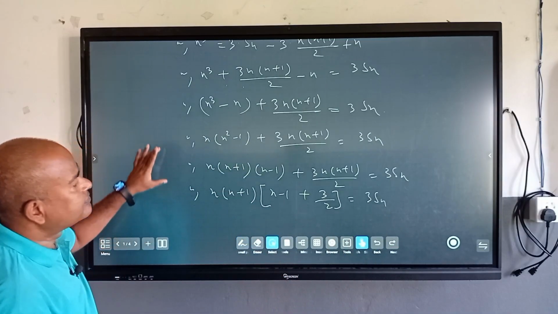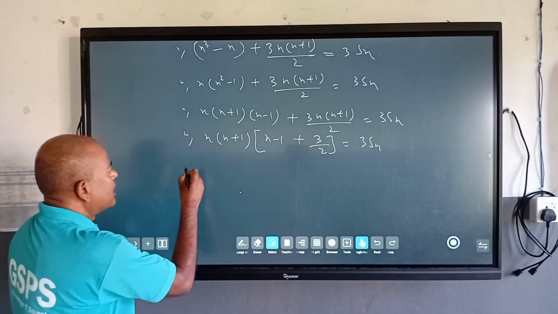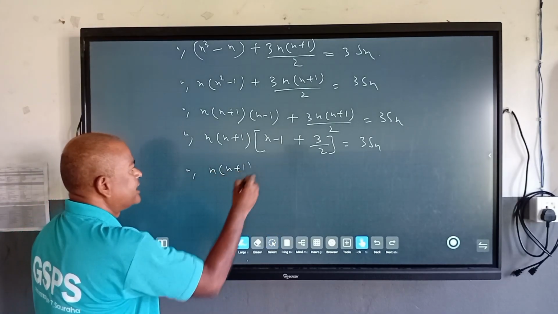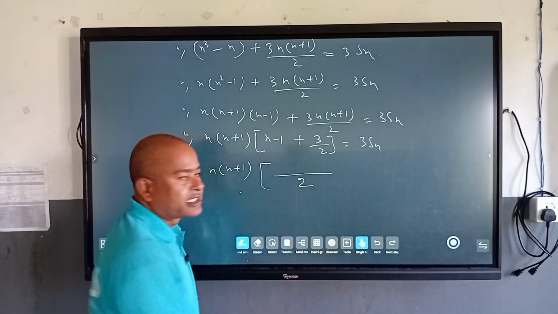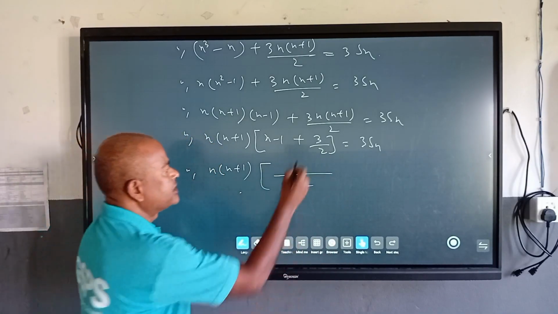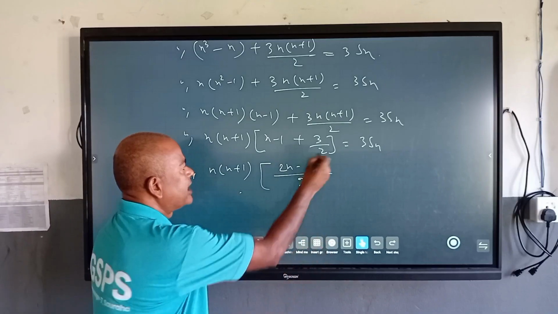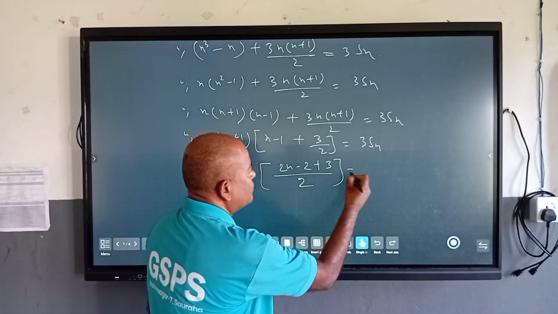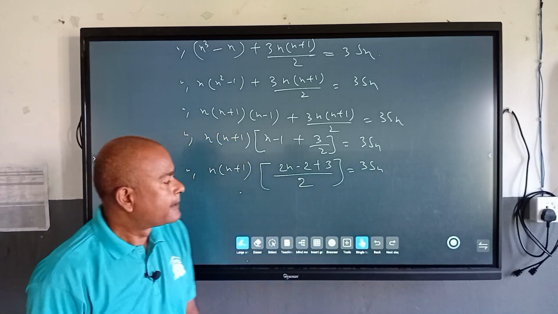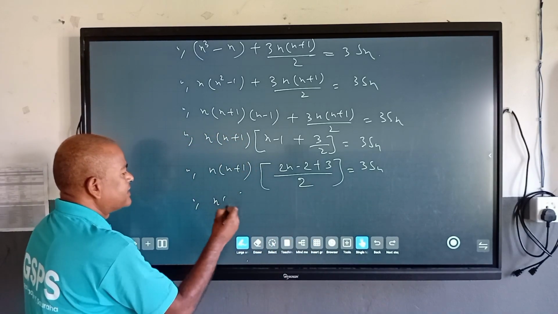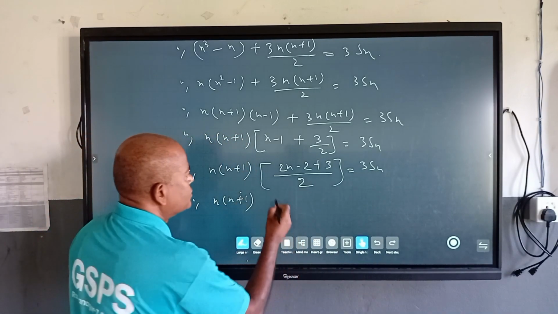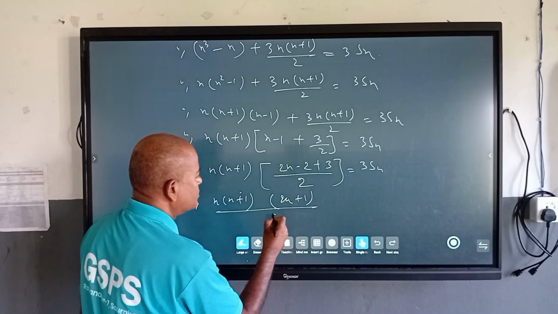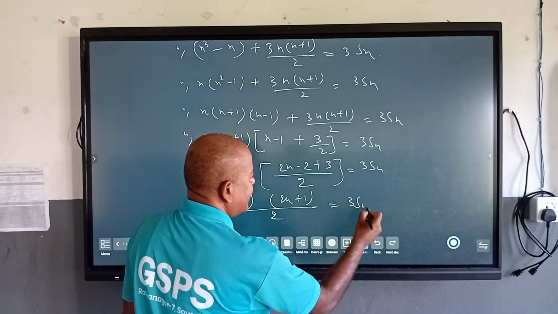Dear students, now n times (n plus 1) keeping as it is. Now if we take 2 as LCM, then we'll get 2 times (n minus 1), that means 2n minus 2, plus 3n equals 3Sn. Let's simplify it further. So 2n plus 3n minus 2... we get (5n minus 2)... over 2 equals 3Sn.